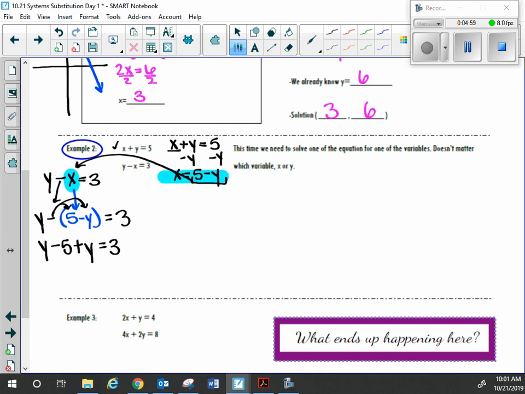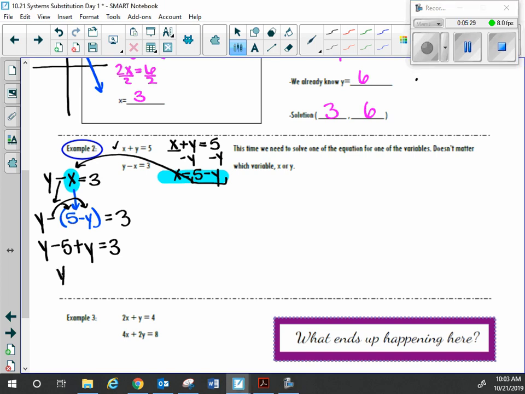Okay, take a second on your own and solve for y for me. Don't shout it out. Just take a second on your own to solve for y. Okay, what's y?